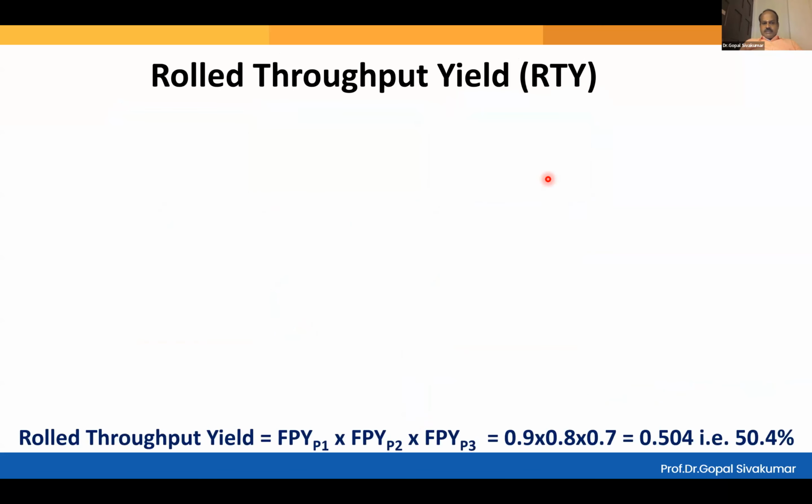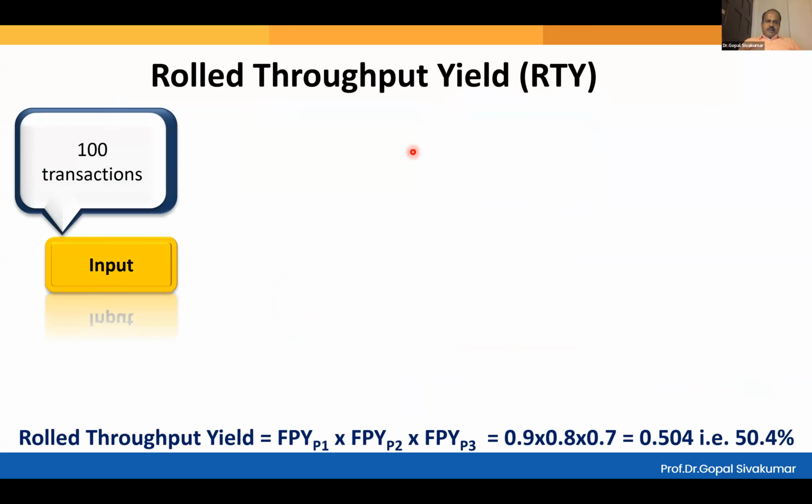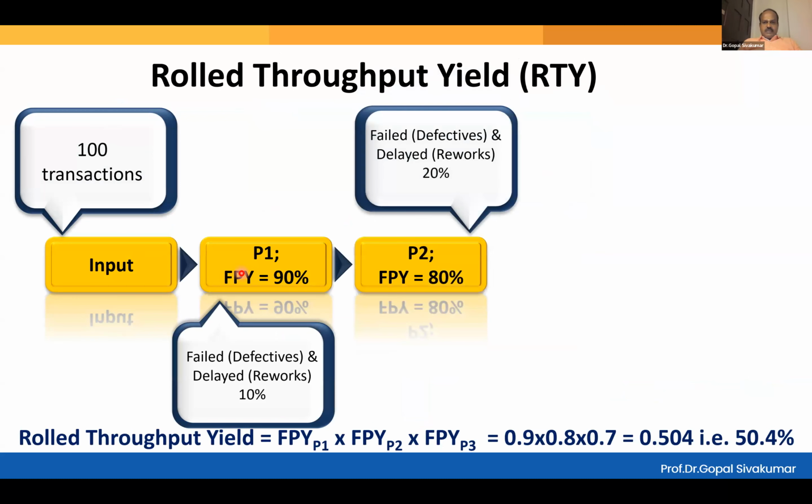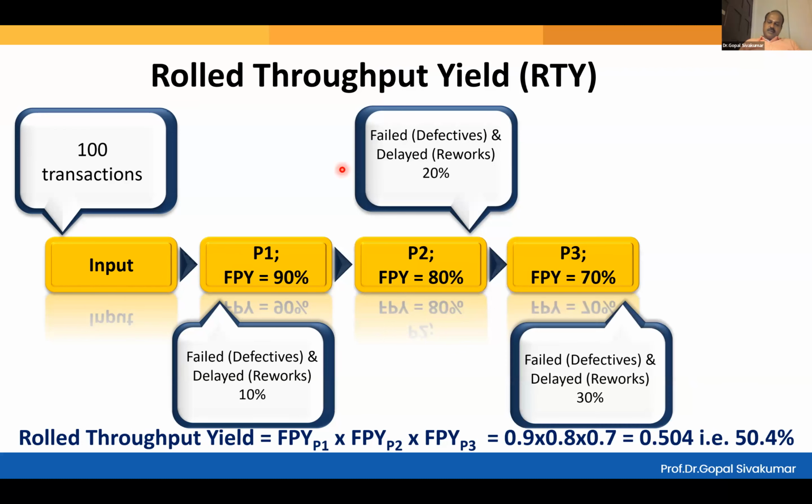Now there could be another scenario where your processes are connected in sequence. For example, the output of the first process becomes the input for the next process, and it goes in the same manner. The output of the second process becomes the input for the third process, and then the final output. Imagine you have three processes: machining, then welding, and then finally, let us say, grinding.